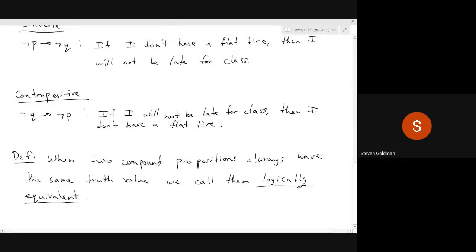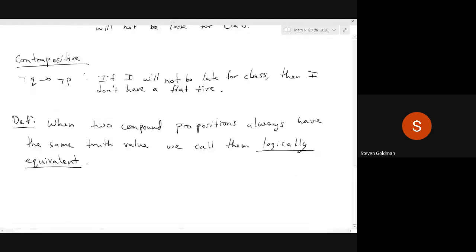Again, if I have two compound propositions, and when one is true, the other one is always true. When one is false, the other one is also false. So they always have the same truth value. They're always true in the same cases. Then those two sentences are basically the same sentence. They mean the same thing, so we call them logically equivalent.